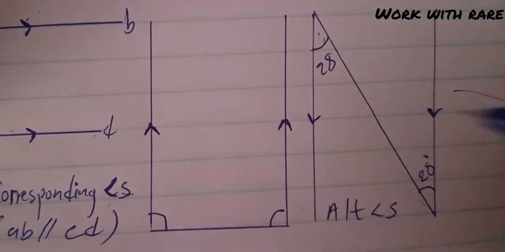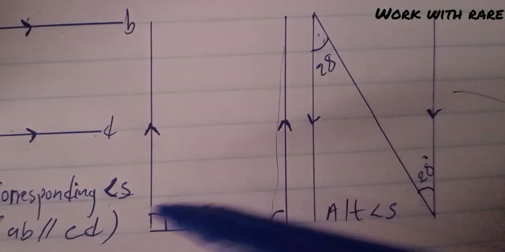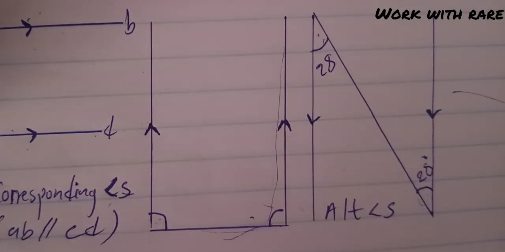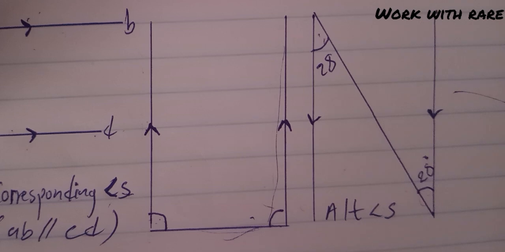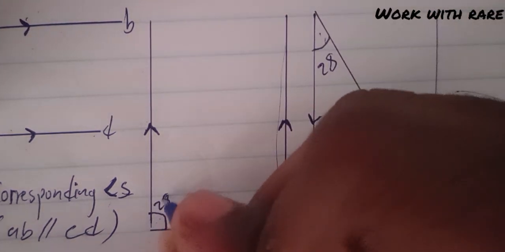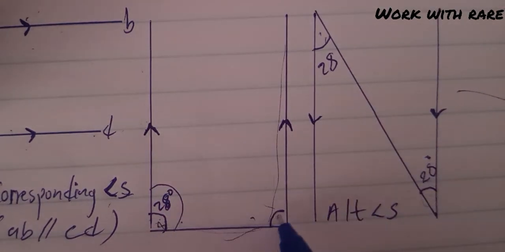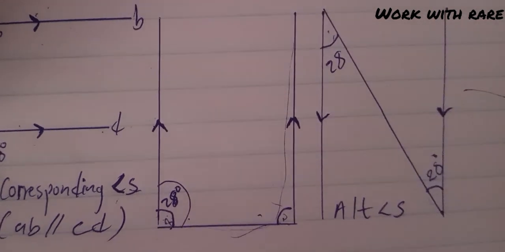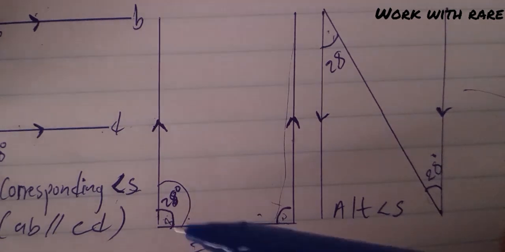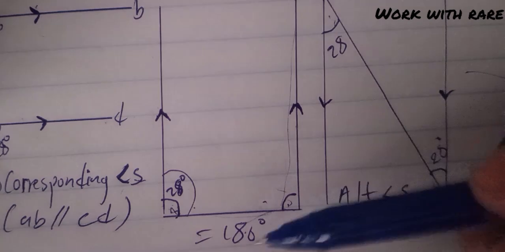For me to skip this one is because this will be co-interior angles. Co-interior angles are not equal. For example, let me continue to use 28 degrees. Let me say this is 28 degrees. This angle and this angle should give me 180. So these two angles should add up to 180. Meaning, if this one is 28, I'll say 180 minus 28.